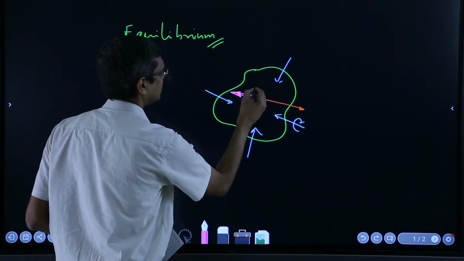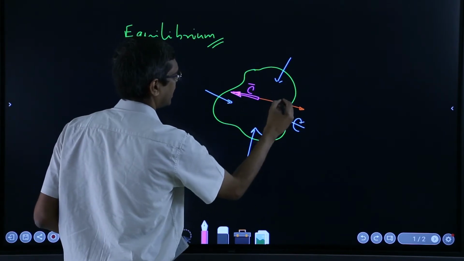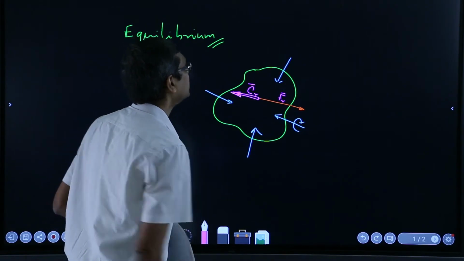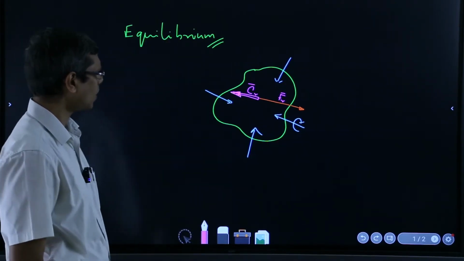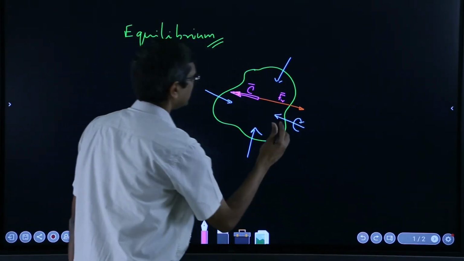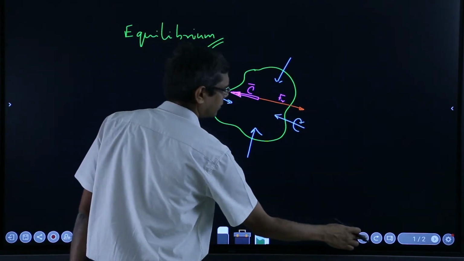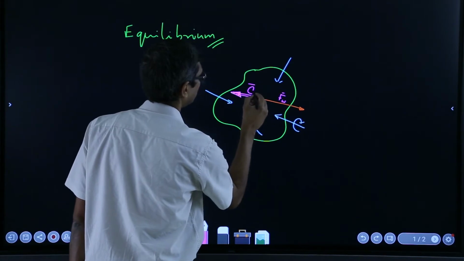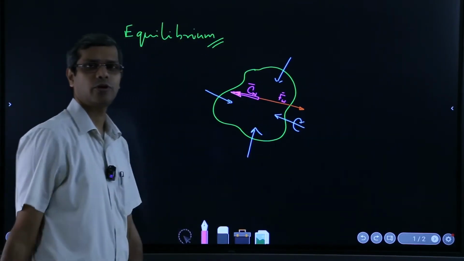So this is FR, CR, or a better way, I'll represent that as FW for wrench and CW for wrench.